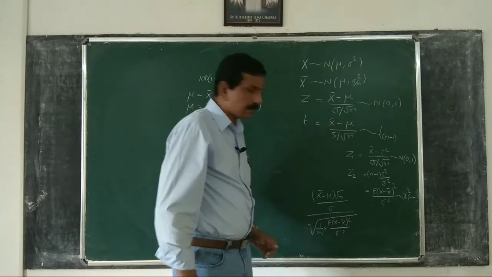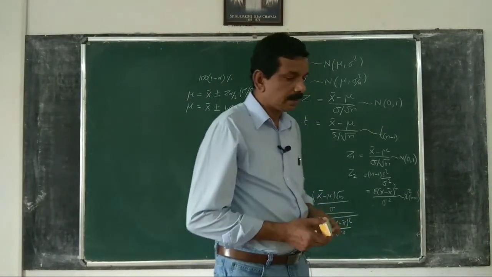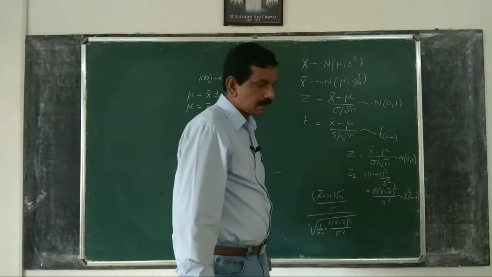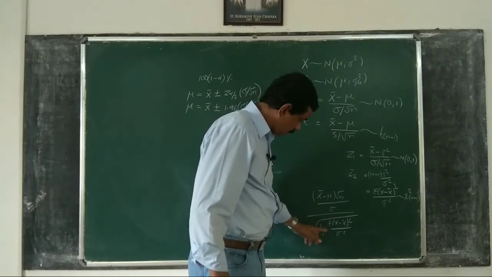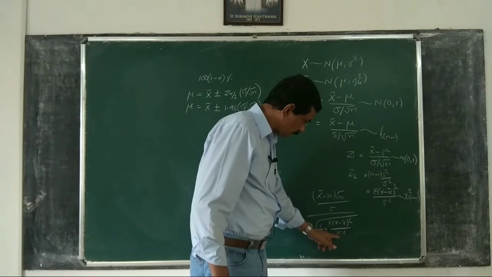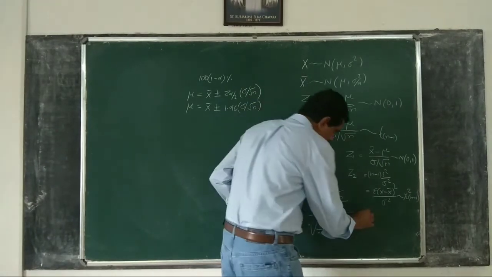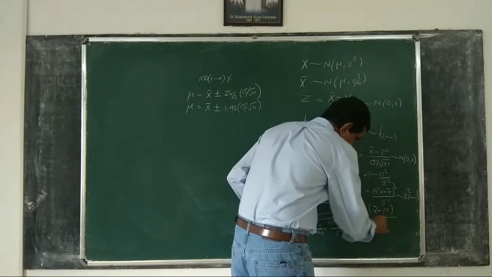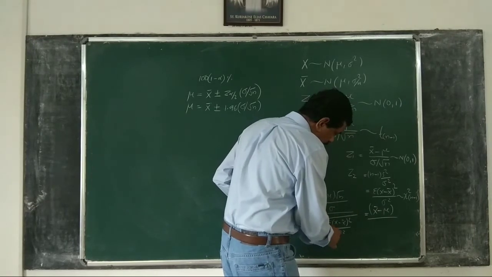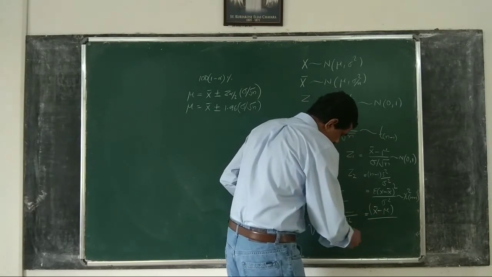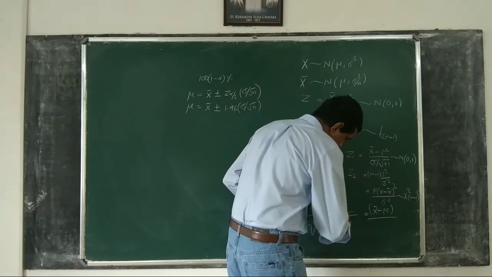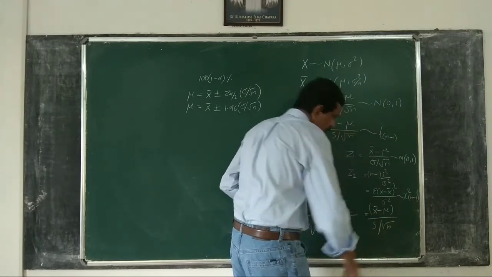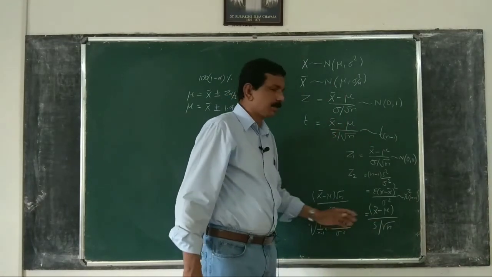Sigma and sigma will be cancelled, and you will get x bar minus mu by, then the sigma and root of sigma square will be cancelled. Then in the denominator we have s by root n. That is the T distribution.